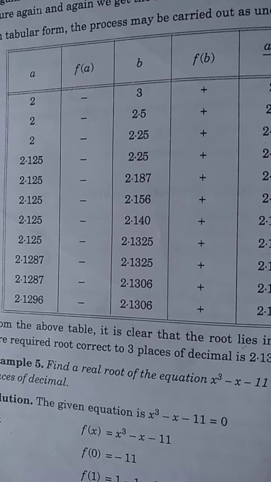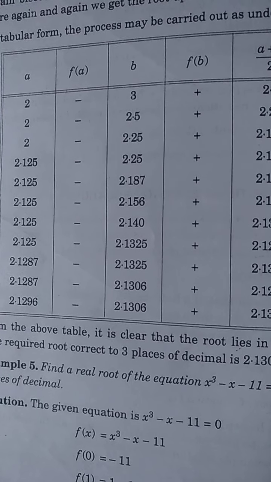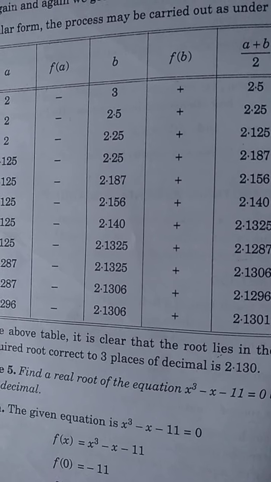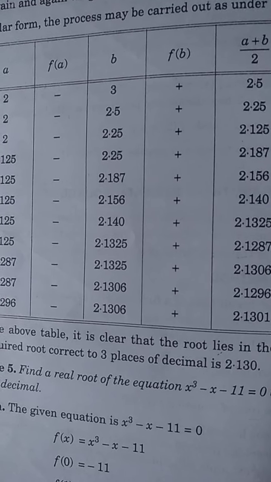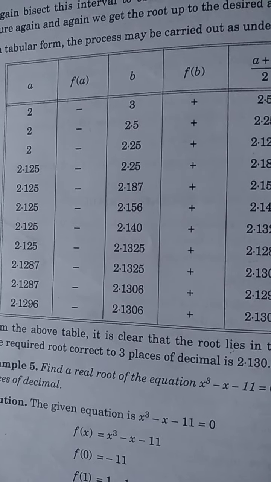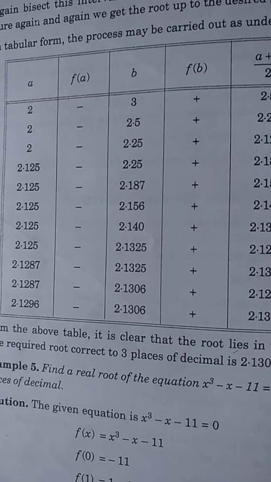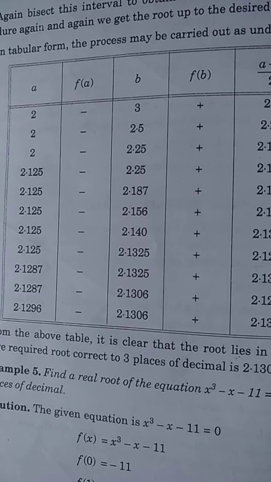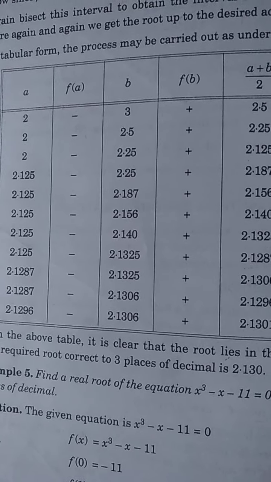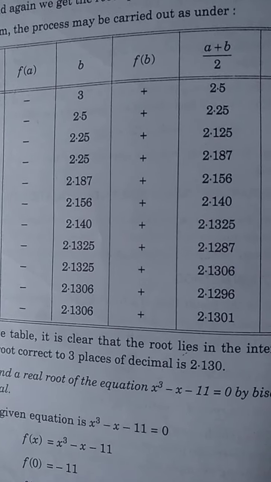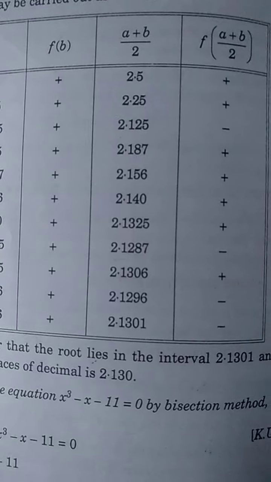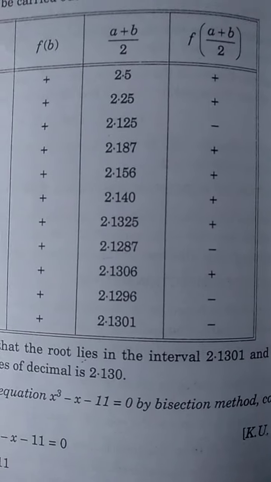We put 2 negative, 2.25 positive, again taking the mean of these, 2.125, this is negative. The value at 2.125 is negative, so we shift the lower limit, keeping 2.25 positive, and again take the mean: 2.187, positive.